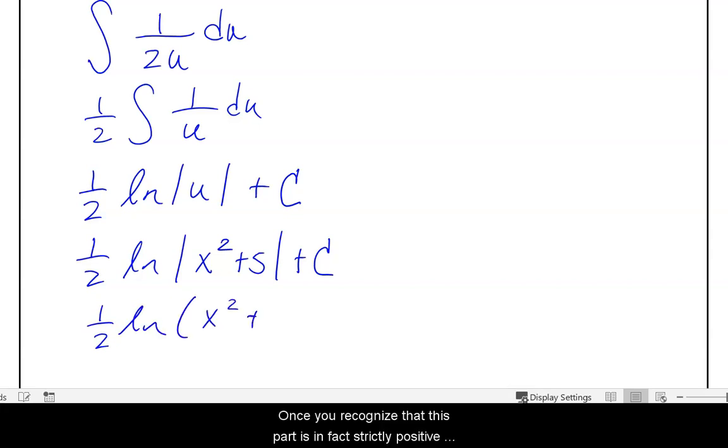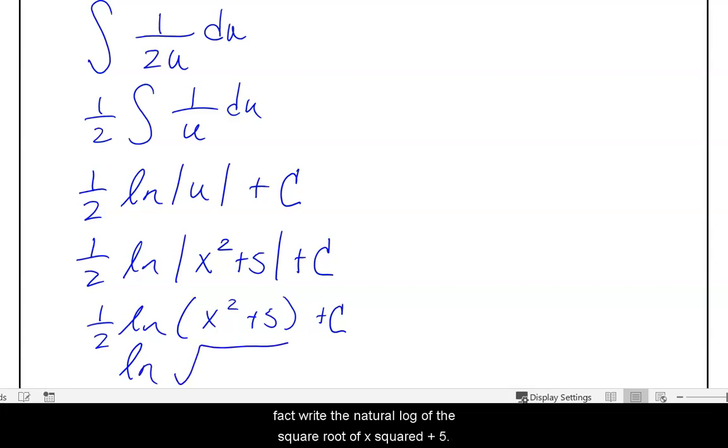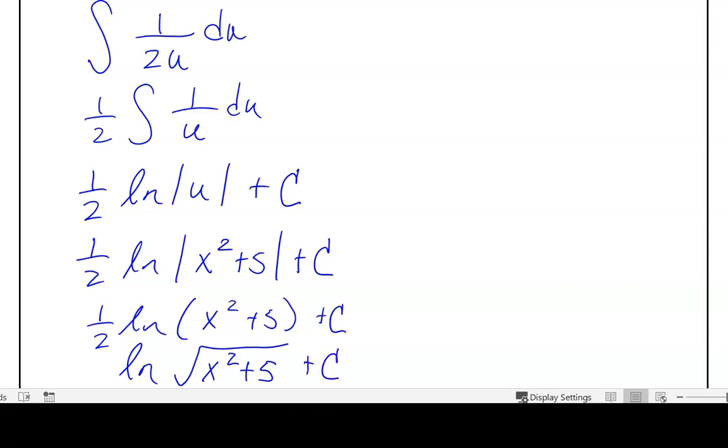Once you recognize that this part is in fact strictly positive, you can also take the 1/2 at the front and pull it inside as a power on the argument. The 1/2 power is the square root, so you could in fact write the natural log of the square root of x squared plus 5 plus a constant.